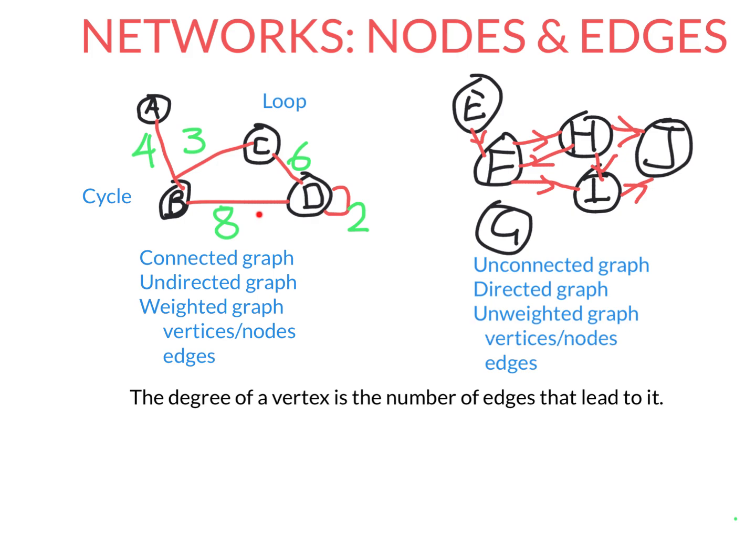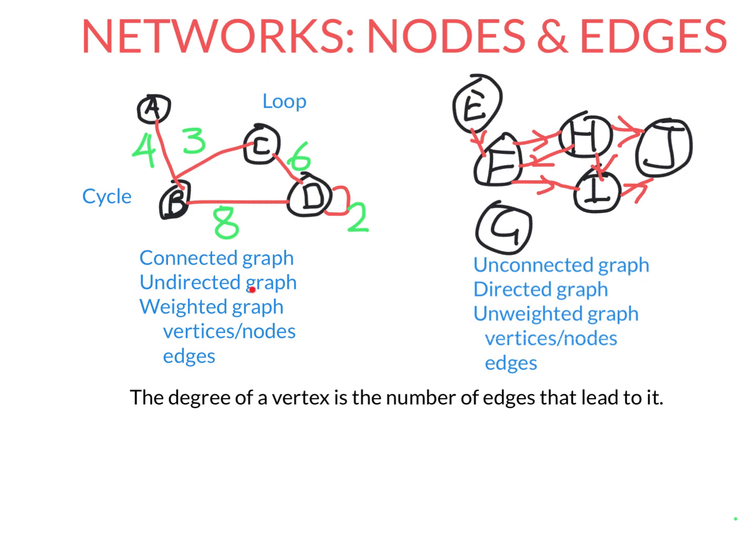So the reason this graph here is connected is it's possible to go from any vertex or node to any other node. That, however, is not possible in this one. If you're at vertex G, for example, you can't get to some of the others. Because these edges have directions on them, if you're in vertex J, you can't get to any of the other vertices. So that's why this graph is unconnected, whereas this one was connected.